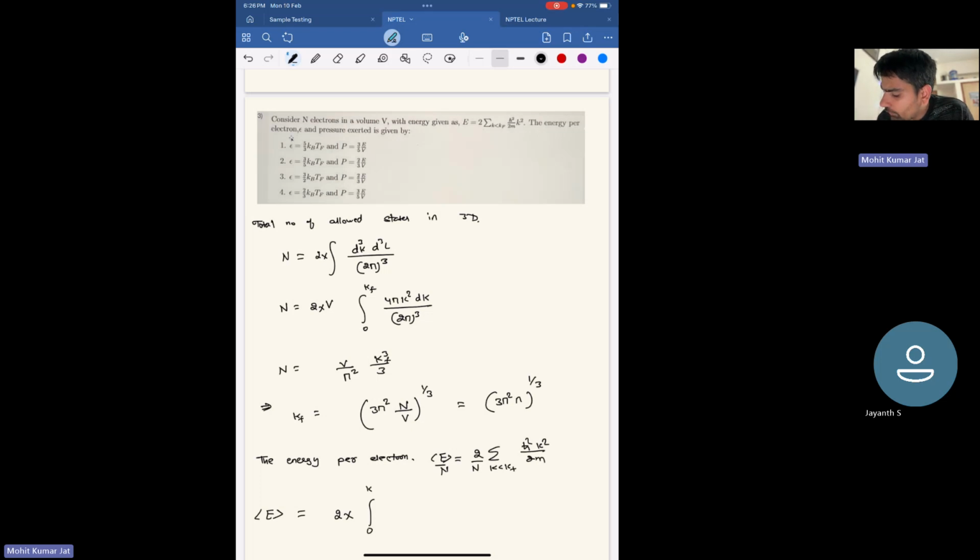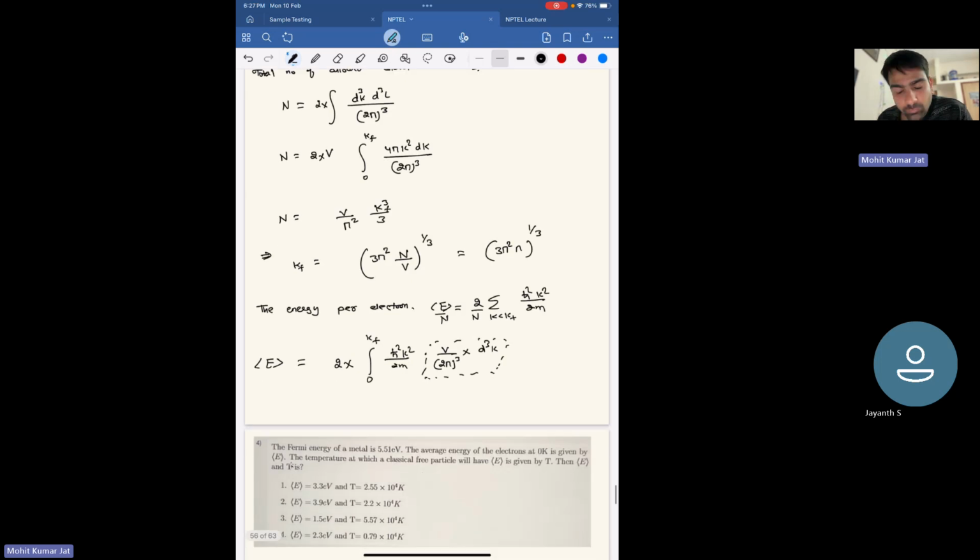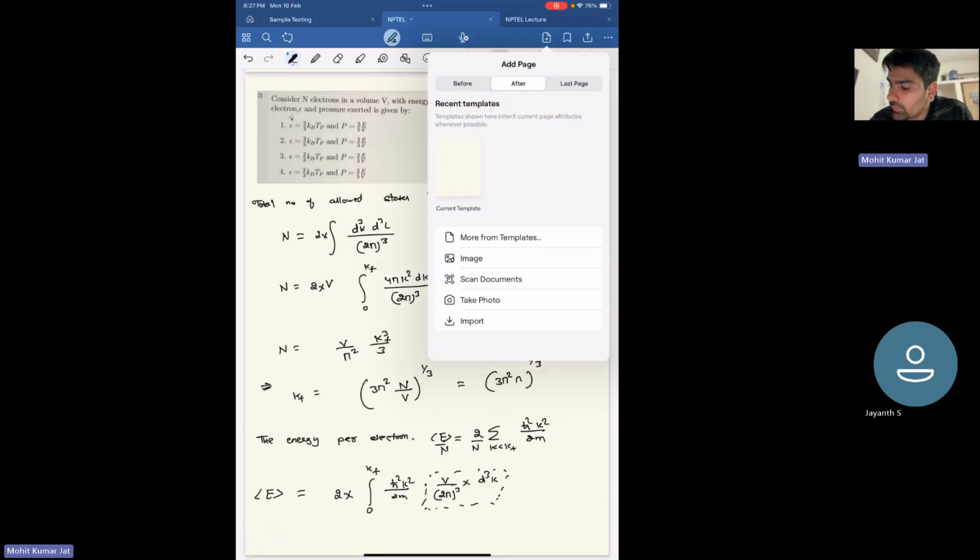So I can convert this summation into the integral by using the idea that I can divide it into small sections, where one section will occupy only one allowed state, and from there I will integrate to the filled states up to kF, so V by (2π)³ times d³k. This is the volume occupied by the one state.